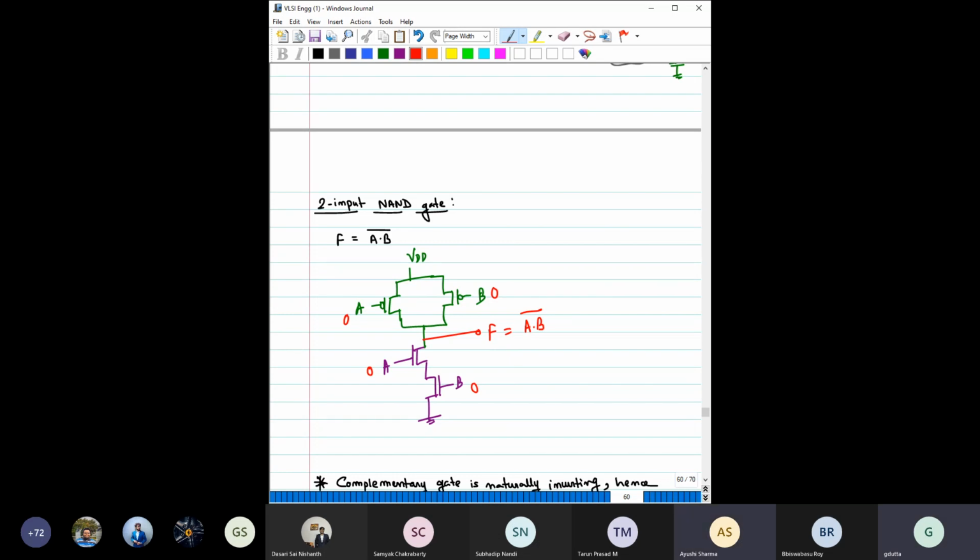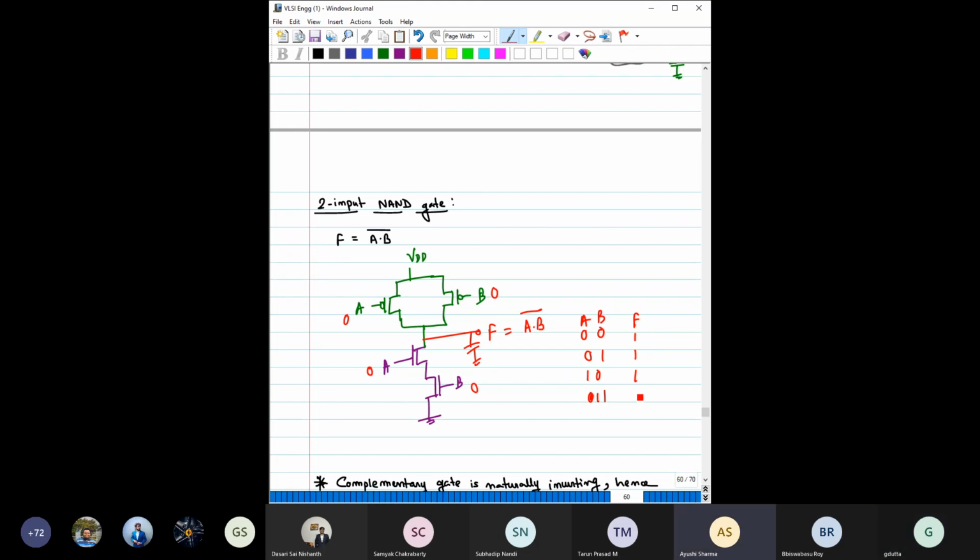The output would be 1. I mean, the capacitor would get charged and the output would be 1. Okay, so let us write that. So the output would be 1. Okay, for the next case, it would also be 1. For this case, 1.